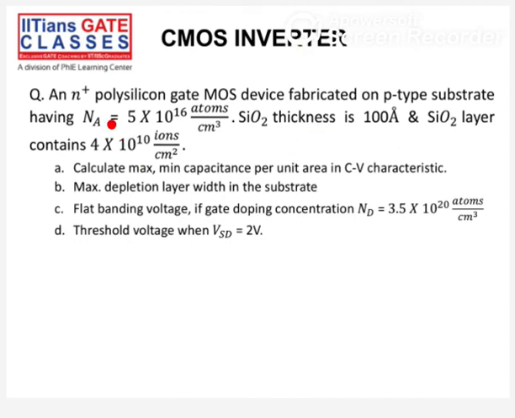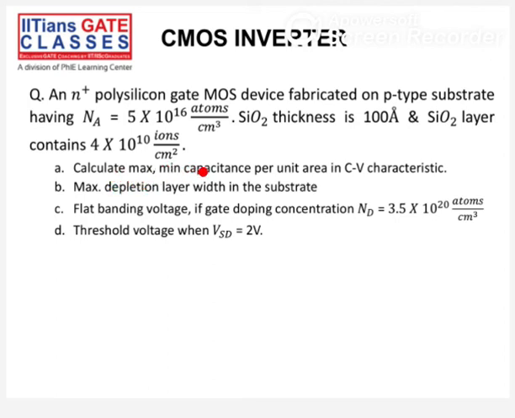So what is this? An N plus polysilicon gate MOS device fabricated on P type substrate. So if it is a P type substrate, it is an NMOS device, having Na is 5 into 10 to the power 16 atoms per centimeter cube. SiO2 thickness is 100 angstrom and the SiO2 layer contains 4 into 10 to the power 10 ions per centimeter square.